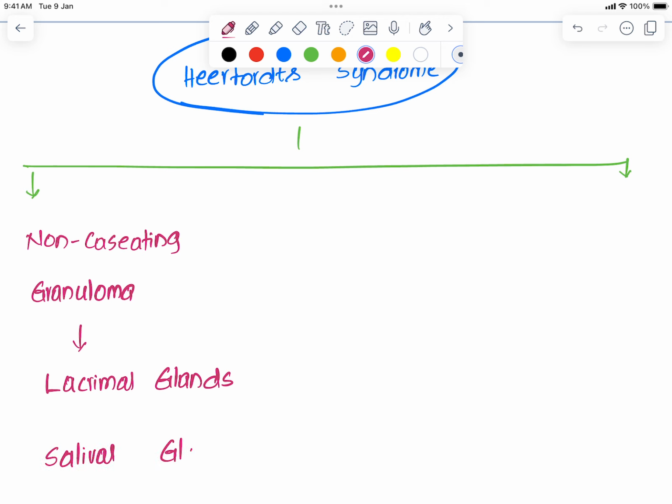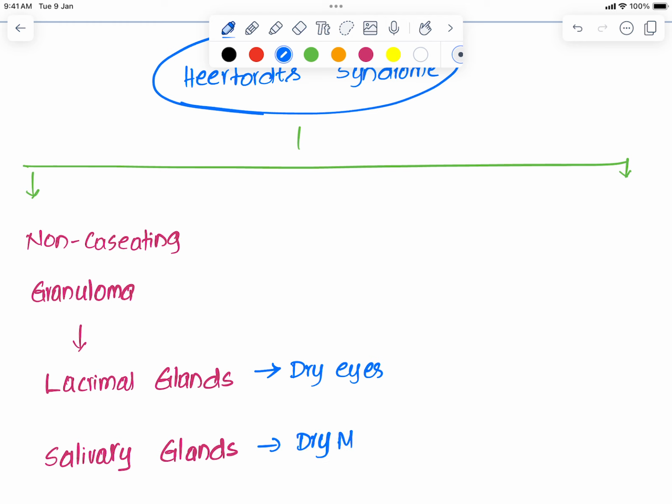And because of this accumulation, these patients develop dry eyes as well as dry mouth.